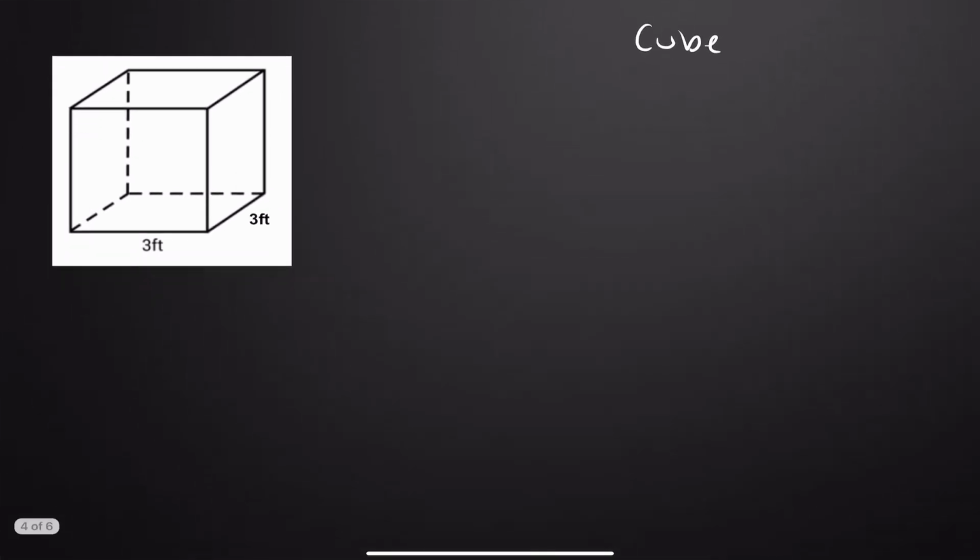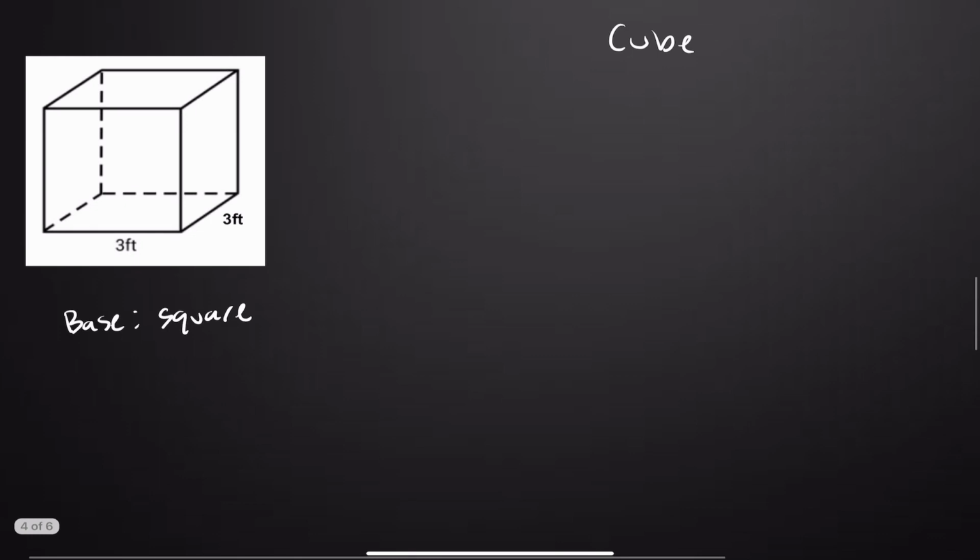So the base of the figure is a square. And how do I know that? Well, these two faces here, the top and bottom, are parallel and congruent to each other, separated by the height.